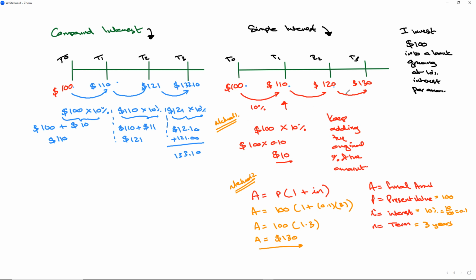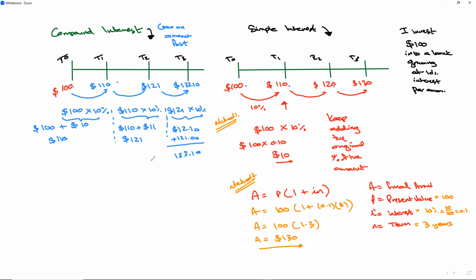And so you can see there's a $3.10 difference. So compound interest will grow an amount faster than simple interest. So simple interest will be much slower. And imagine if this was millions. If this is $100 million, $110 million, $120 million, $130 million, then suddenly it's a big amount. Suddenly it's a $3 million 10 cents difference between the two.